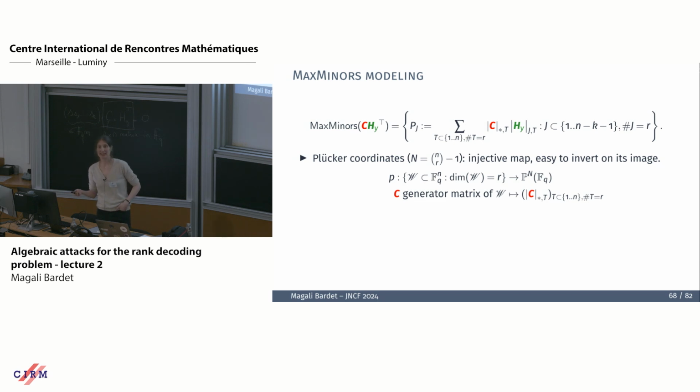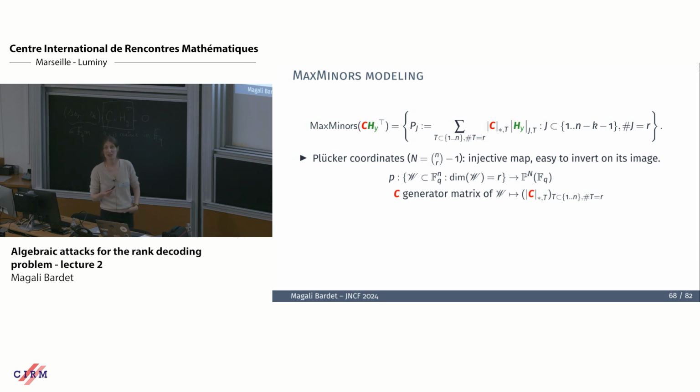So the problem we had is that there are a lot of matrices C that are solutions to the problem, all the matrices that generate the same vector space. So you want coordinates that will describe a vector space. And this is exactly what is given by the Plucker coordinates. So the Plucker coordinates take a vector space and send it to a projective vector. So you take any generator matrix of your vector space and you send it to the vector of the minors of the generator matrix.